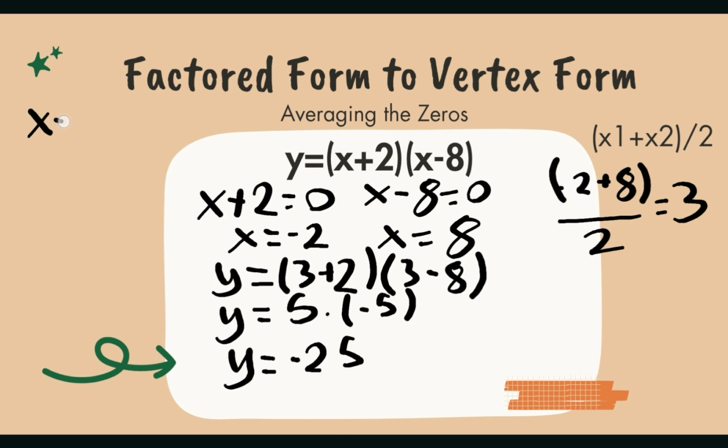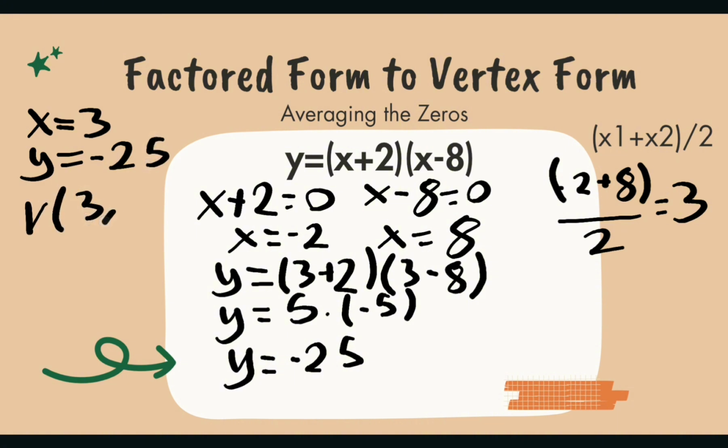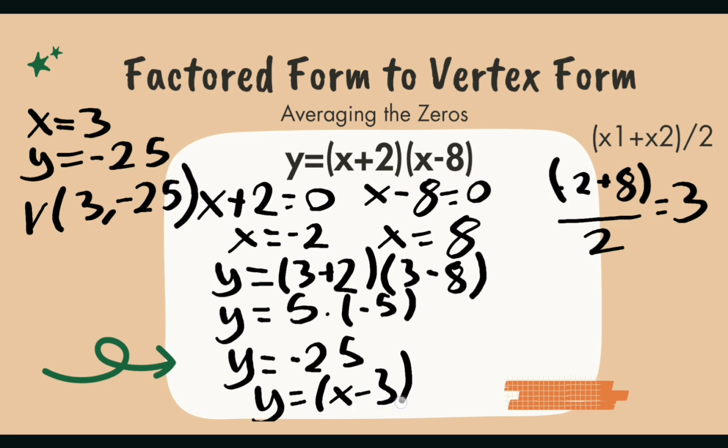Our x is 3 and y is negative 25. So our vertex will be (3, minus 25). Now we can write the equation. y equals (x minus 3) squared minus 25.